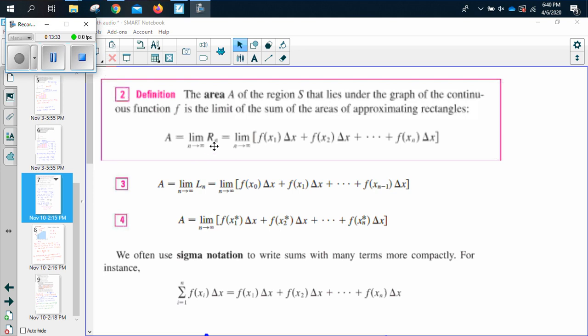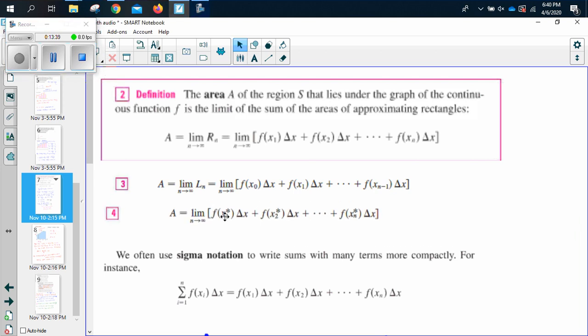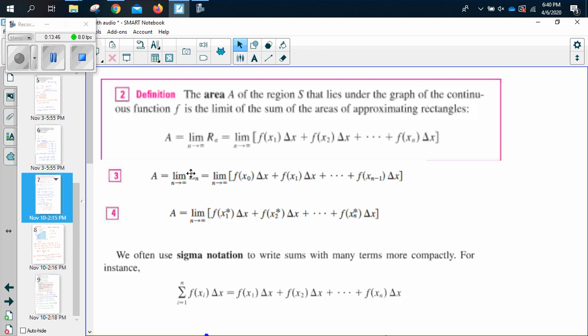And it really doesn't matter if you're using right endpoints, left endpoints, midpoints, or any sample point in the subinterval. It will all give you the actual area under the curve.